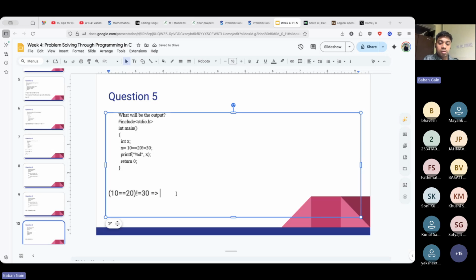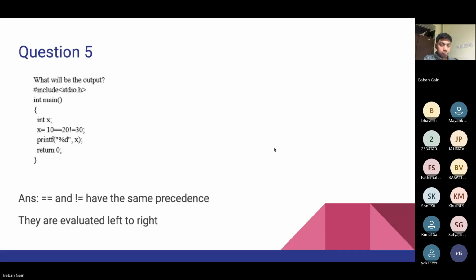So false is 0, and 0 not equal to 30. They are actually unequal, so that is 1. So the value of x will be 1. Your answers are quite correct here. You should note that both equal to equal to and not equal to have the same precedence, but since we consider left to right execution, they are evaluated in that way.